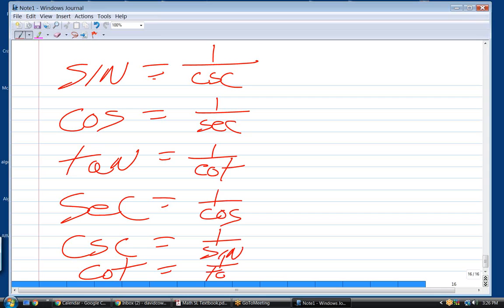Notice that tangent is the only one that has the same reciprocal as cofunction. In other words, cotangent is not just the reciprocal of tangent, it's also the cofunction. And none of the others can you say that about.